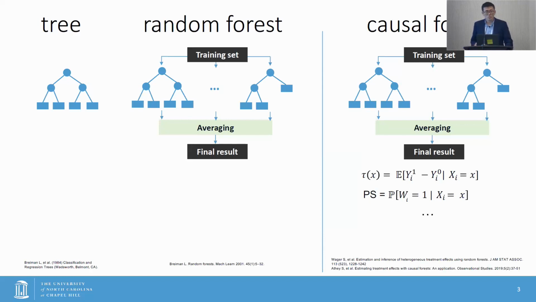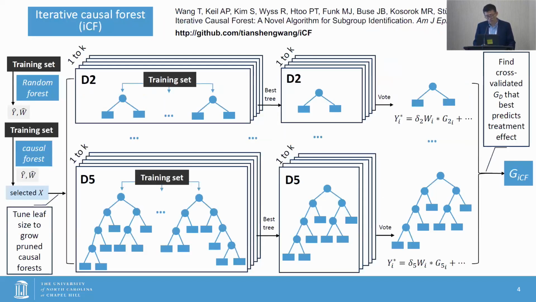So to get a stabilized and important subgroup decision, we modified the causal forest and developed the iterative causal forest subgroup identification algorithm. On a high level, ICF iteratively grows shallow causal forests at different depths. From depth 2 to depth 5, at each depth, it picks the best tree that best represents heterogeneity signals from each forest, and then votes for the most stable, most popular tree structure as a subgroup decision.